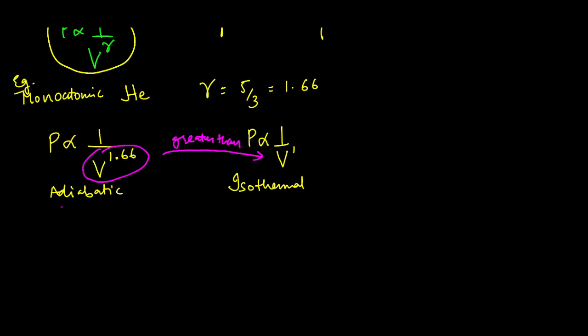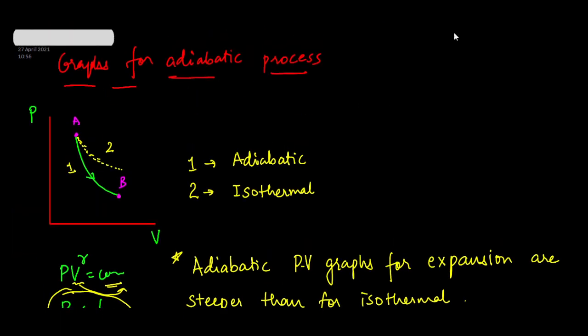It means pressure in adiabatic will be less than the pressure in isothermal. So if pressure is less, the graph will come lower. I hope that makes sense. Look at the graph. Pressure in adiabatic will be less than the pressure in isothermal for the same volume. So I hope it is now completely clear why it is like this.